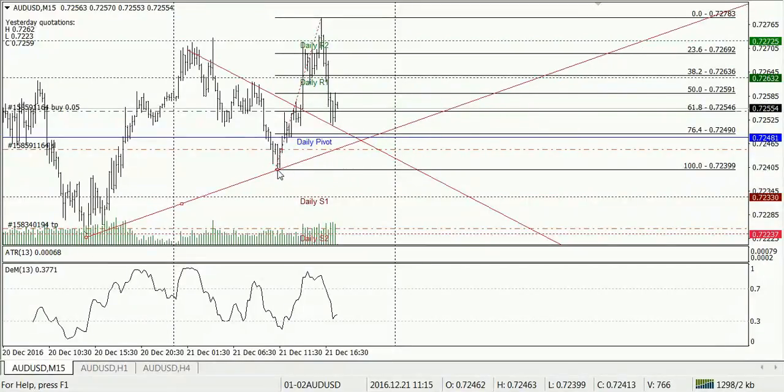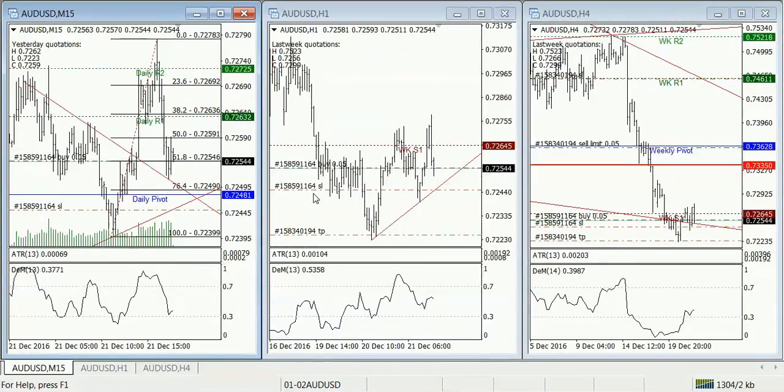We expect this trend line to hold, so that's why we have the stop loss below the daily pivot. Since this is day trading, anytime it tests the daily pivot, I'm probably going to have to open the stop. Usually in day trading we open the stop.